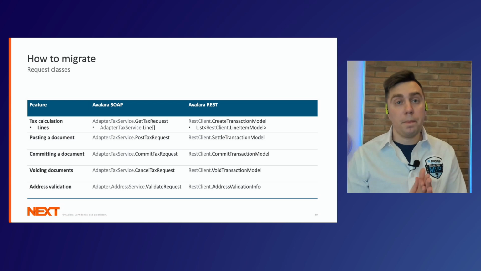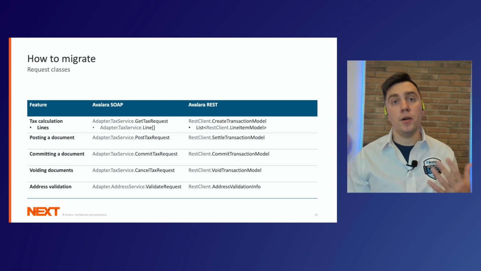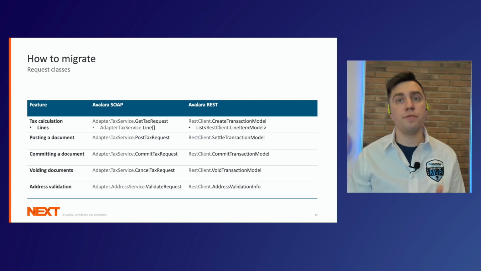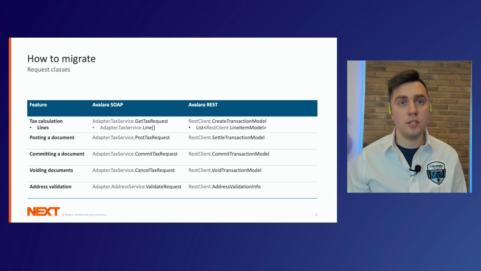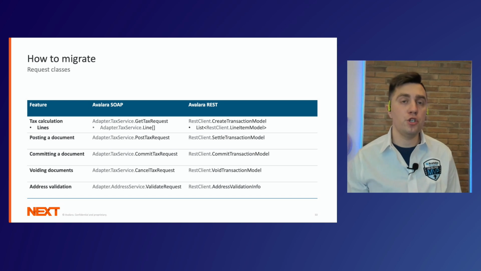Let's continue. Here you can see a table with a comparison of classes used as input parameters by the APIs. Again, they are in different namespaces, have different names. REST classes have a TransactionModel suffix at the end, and different internal collections, as you can see for the tax calculation feature.